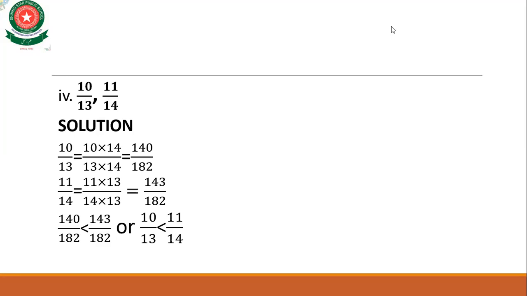So we will multiply 14 on both sides, numerator and denominator. Here 10 multiplied by 14 over 13 multiplied by 14, and the answer will be 140 by 182. Same as 11 by 14, here we multiply 13 on both numerator and denominator.